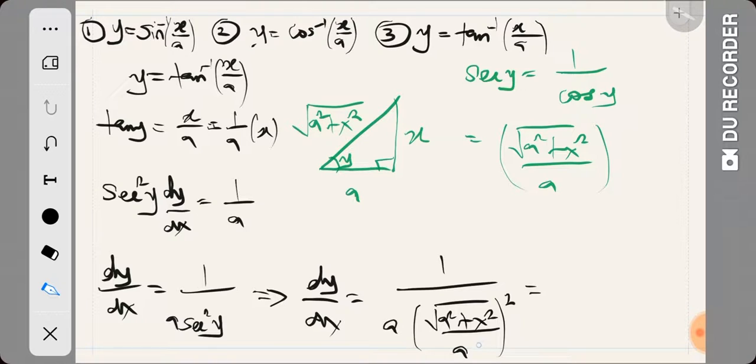Of course, since we have a² here, we cancel one of these a's, so we now have a at the top. Then if we take the square of this square root, the square root sign cancels out, so we now have just a² plus x². So whenever you differentiate tan inverse of x over a, you should have a over a² plus x².